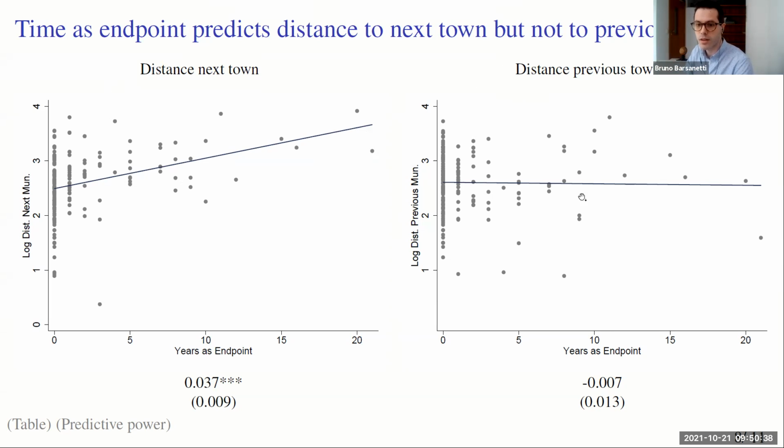There we don't observe any association. So there doesn't seem to be any association between time as endpoint and distance to the previous town. And I think this is nice because if there were some other explanations for this positive association between time as endpoint and city sizes, it's not clear why they would drive this asymmetric pattern that we observe here.